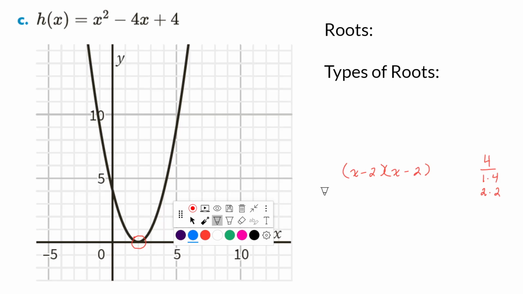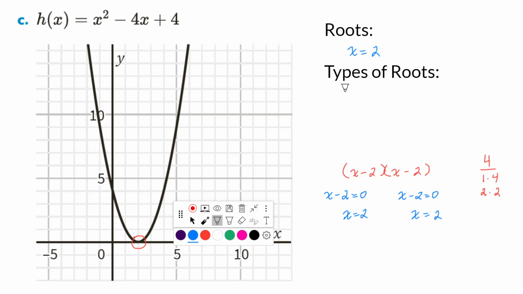And then if I set each factor equal to 0, we have x equals 2 in both cases. What we say now is that we have a double root. So we have x equals 2 as our root.